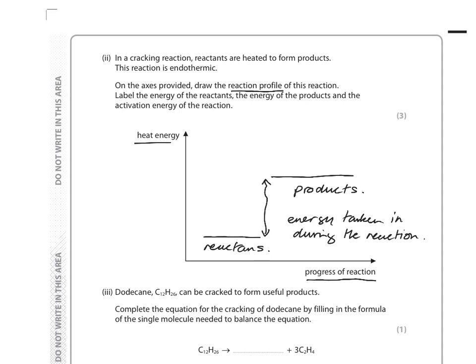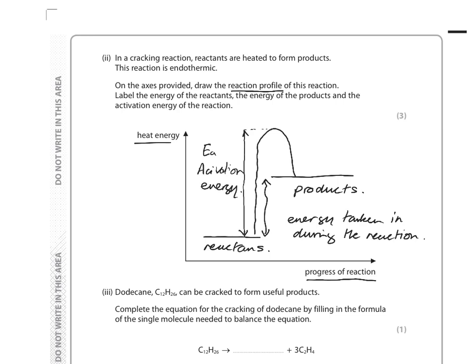So it doesn't go straight up, it goes to a higher energy level state first of all and then comes back down. And so the barrier that I have to overcome for the reaction to happen is the activation energy. And the activation energy is from the bottom to the top up here. And that is the EA, the activation energy.